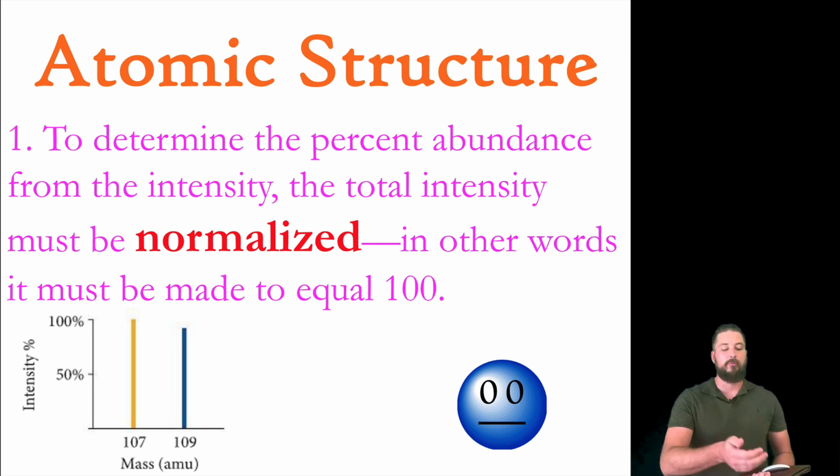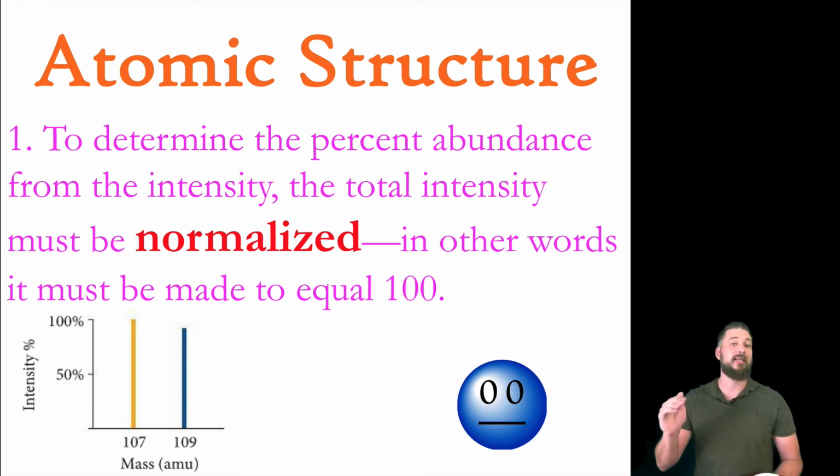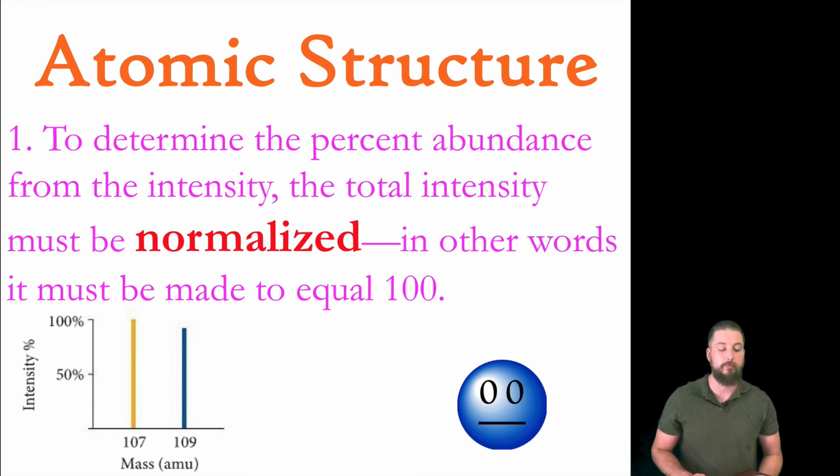So the fact that one of them is already 100 doesn't even make sense. And the reason why it is 100 is because it's not saying that the percent abundance is 100, it's saying that that is the most abundant isotope.